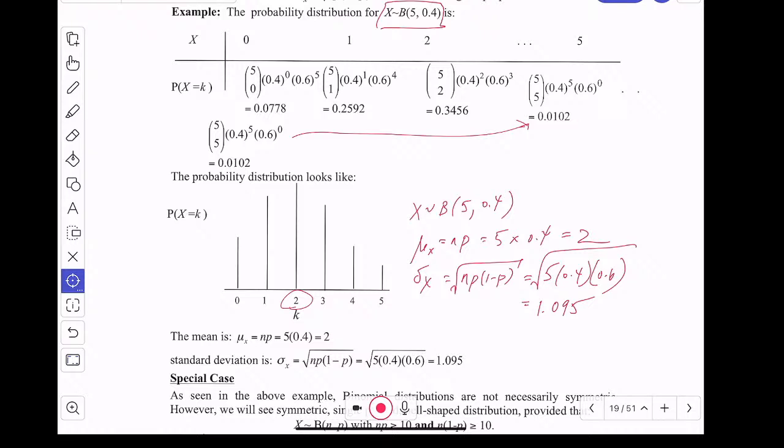Now that would be easier in cases where you have a very large n. Let's say n was 100, and you wanted to know, so let's say that ESP example. Remember the ESP example?